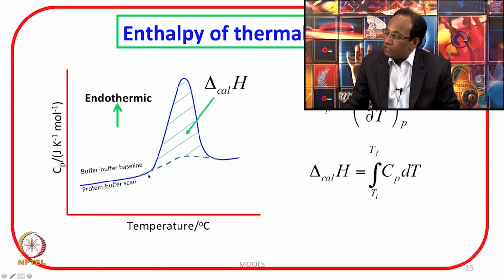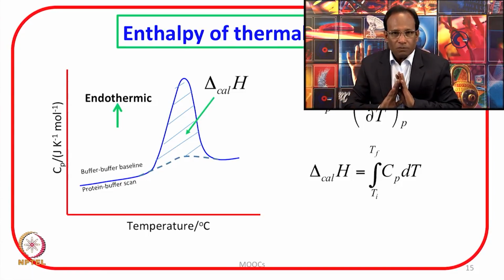If I choose this as Ti and this end as Tf, then the area under this curve within this baseline and the overall heat capacity versus temperature curve between these two limits will be equal to delta H, and I am putting the Cal subscript because this is the calorimetrically determined value of heat capacity.